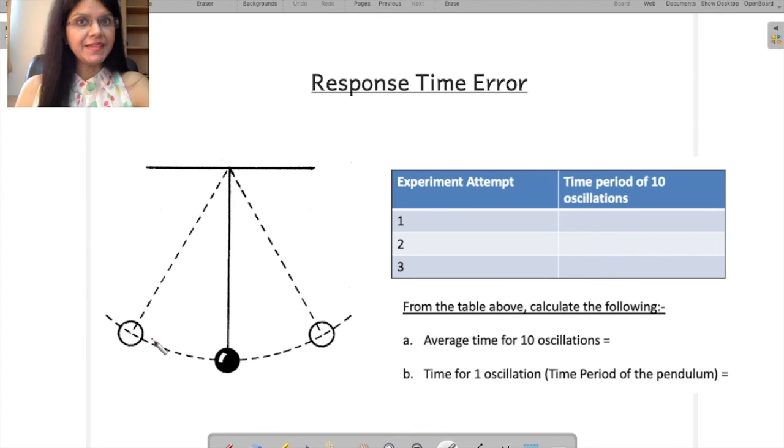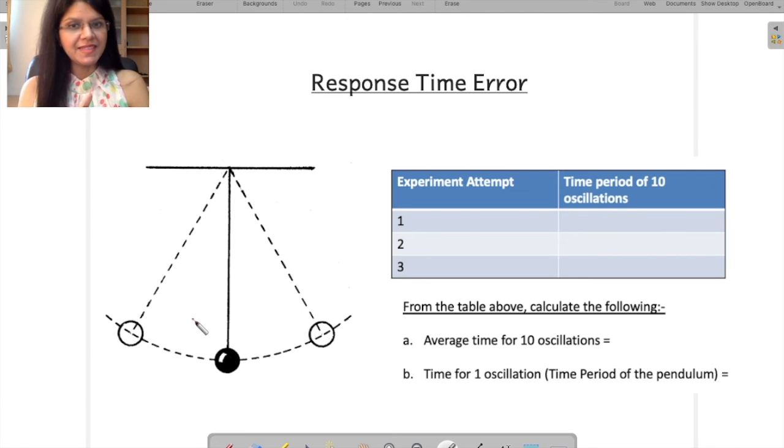So do you think that your brain will be fast enough to stop the stop clock on time? On time means as soon as the bob reaches the original position. So the human body is a complex system. It takes time to process information. So how will your body work to stop the stop clock?